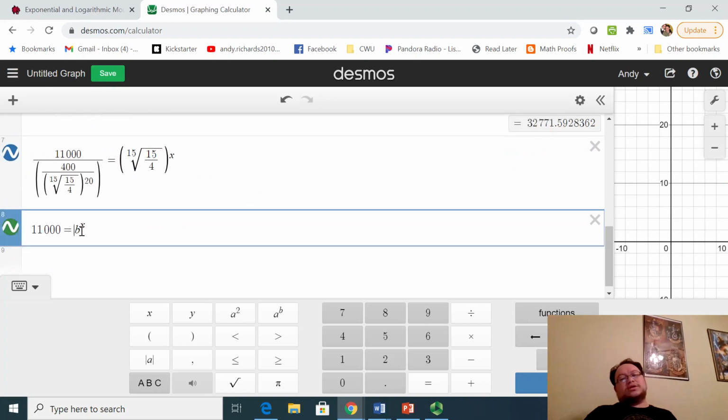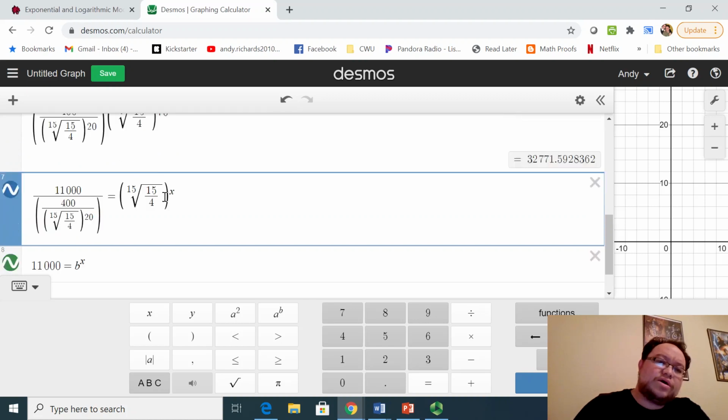And the next thing we're going to do is we want to solve this for x, which means we want to get rid of the base value here. And if what we have here is this little hot mess, there's really two ways to handle that.